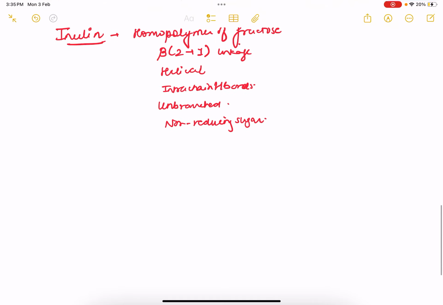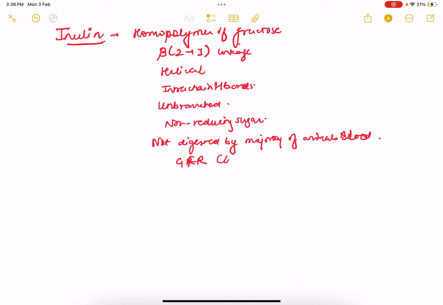This inulin is not digested by the majority of animals. If inulin is given in the form of an injection, then most of the inulin is excreted out. This excreted portion of inulin can be used to detect the GFR.